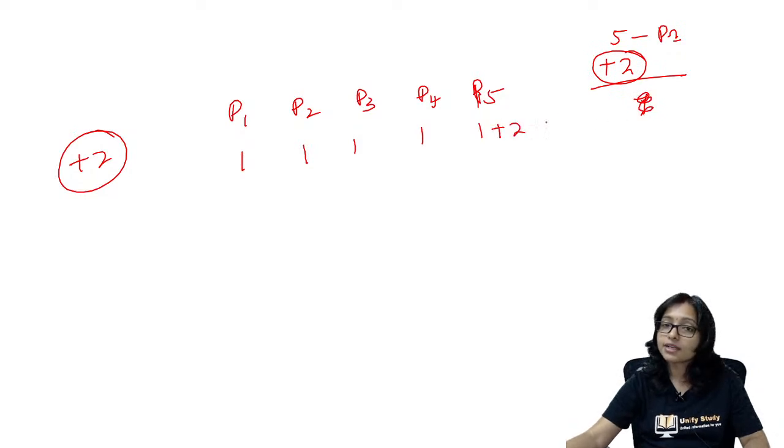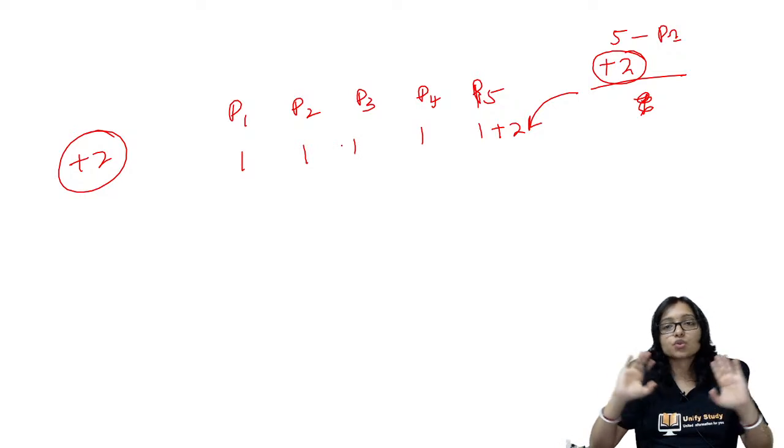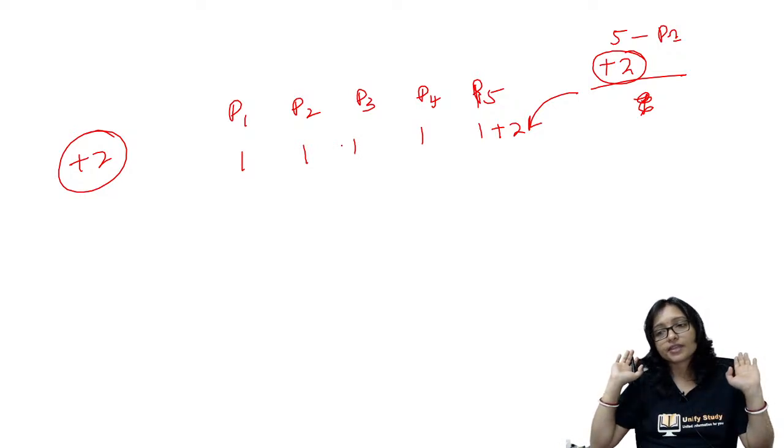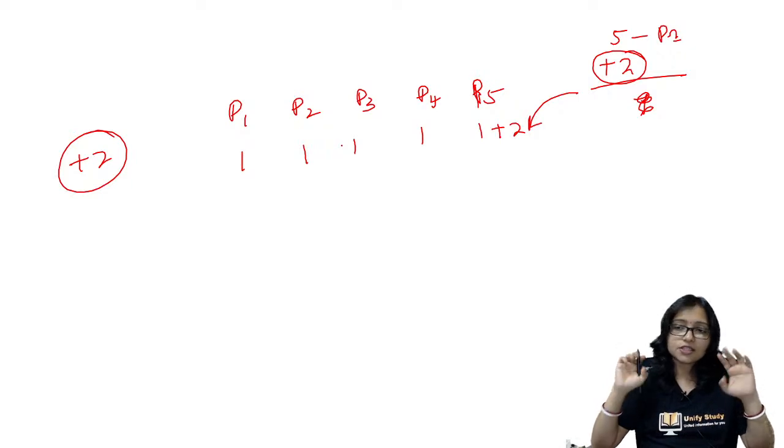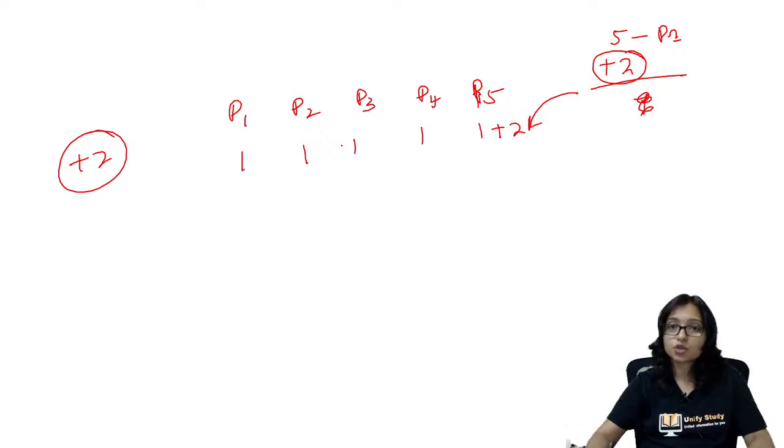Now can I give this extra 2 to any one of them so that they can execute? Yes or no? Yes. In this situation can I put it? Can I do it? Means I can increase the number of resources also.